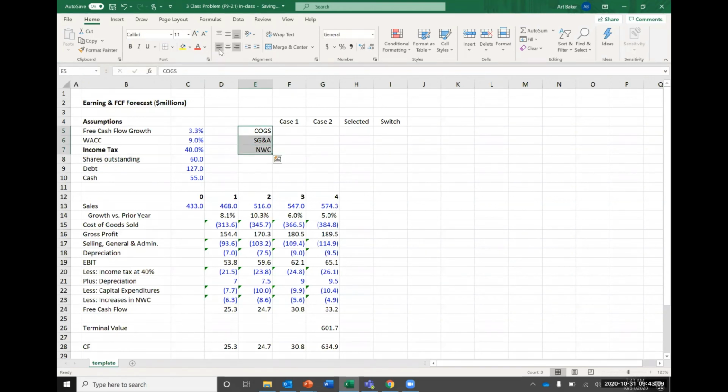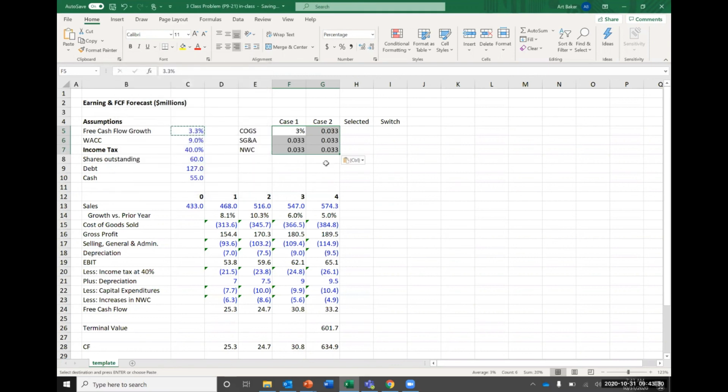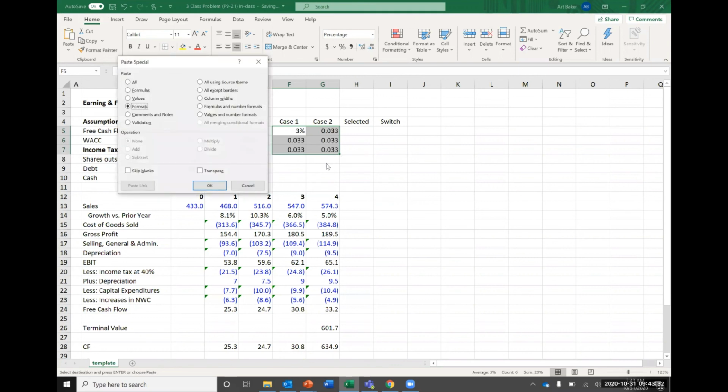So who recalls, I have it on the other page, what was the base case, case 1 COGS? What did they say they assumed? I think it was 67%, right? What did they assume for SG&A? Does anybody remember? 70%. Well, hold on. So 70, what happened here? I'm just changing formatting.